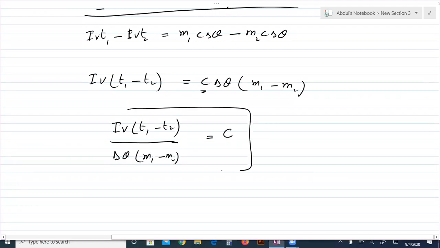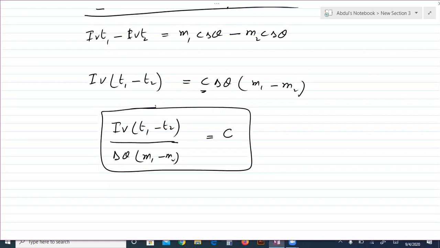So this is the formula to get the exact value of the specific heat capacity. Here, this overestimation of the value of the specific heat capacity is corrected.